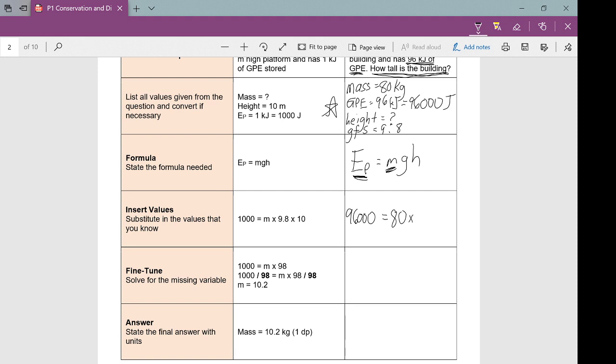We have a mass value by there. And then remember that in maths, when we have letters next to each other, that means times. So mgh means m times g times h.